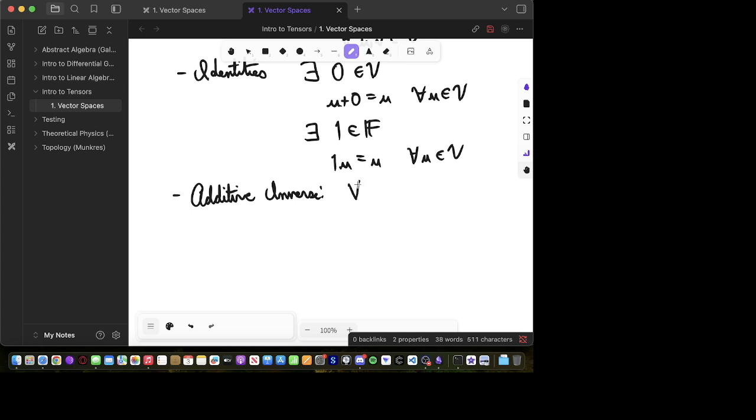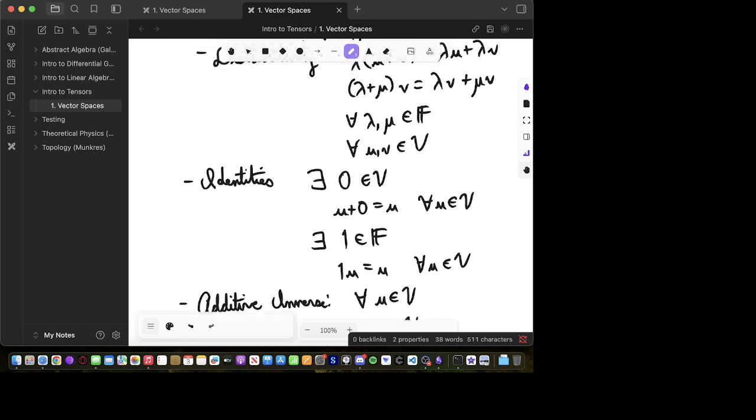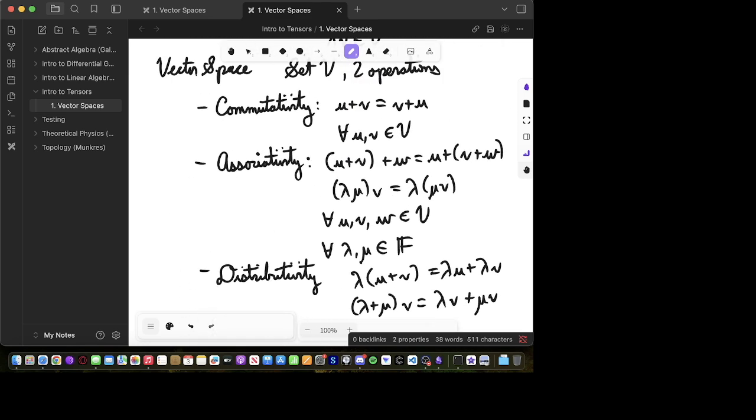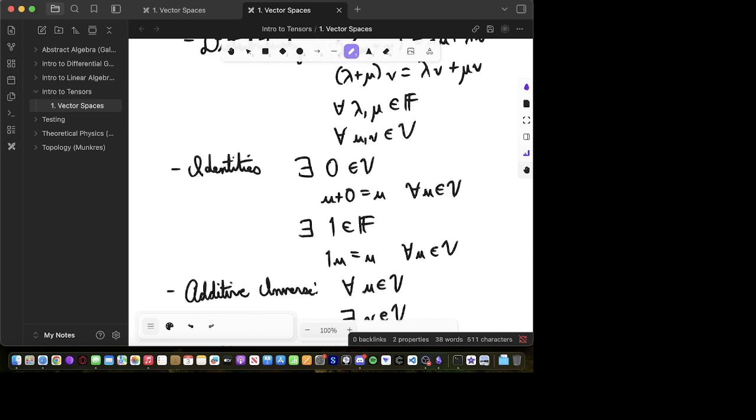So, for all u in V, there exists a v in V such that u plus v equals 0. So every element has an additive inverse. These are the 5 core properties of a vector space.